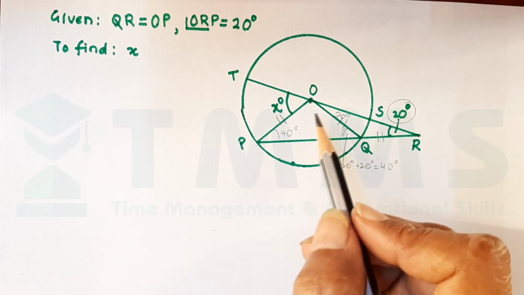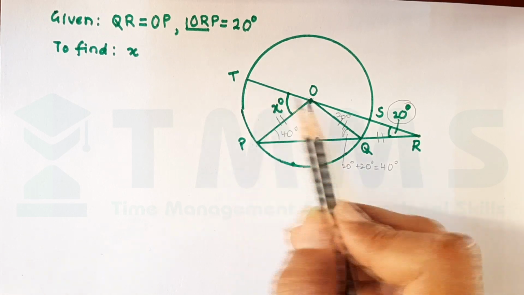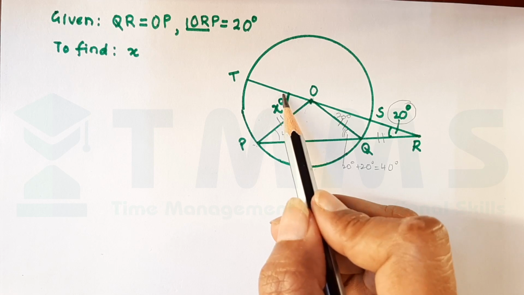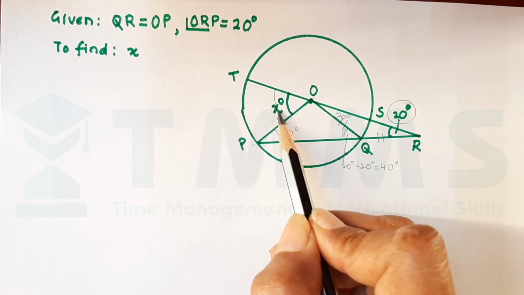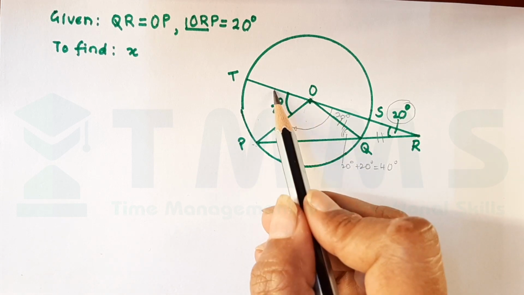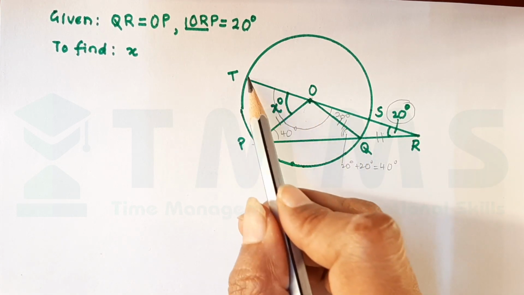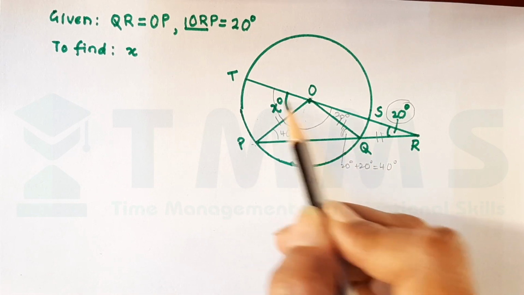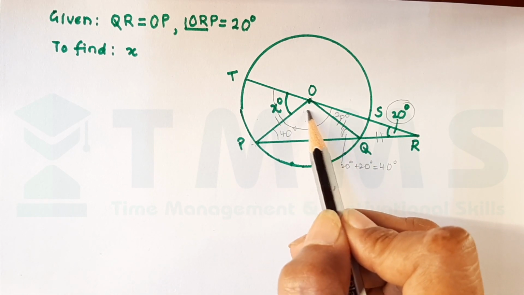Okay. Now can you see that TOP, this angle is the angle which is connected with these three angles. It is not an exterior angle because TOQ is not a straight line. So we have to take X, then we have to talk about this angle.